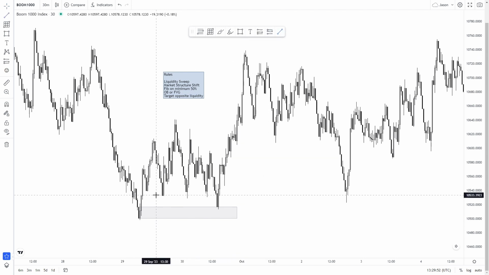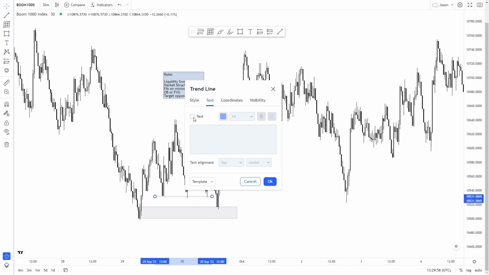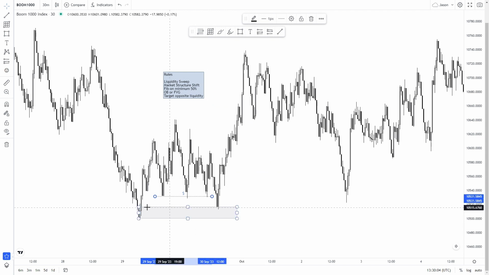Now that's a good point of interest for me to say, alright, there's a lot of liquidity down here. Awesome. So impulse move, there's a lot of liquidity. Liquidity has been swept. As it swept liquidity, it tagged in the order block.